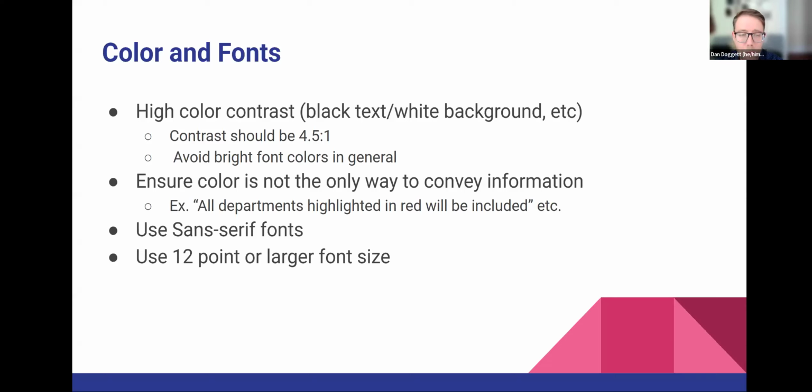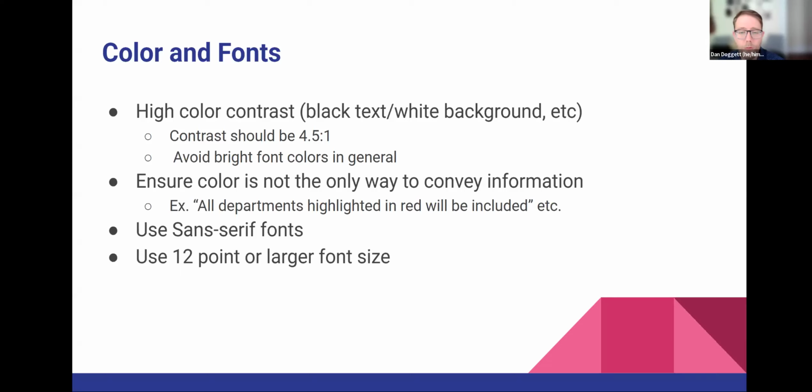That's the minimum that we want for accessible color contrast. There are a lot of online tools to help you measure that contrast, and we'll talk a little bit about that later. But generally speaking, if you're not sure, black text on a white background is going to be your safest bet.